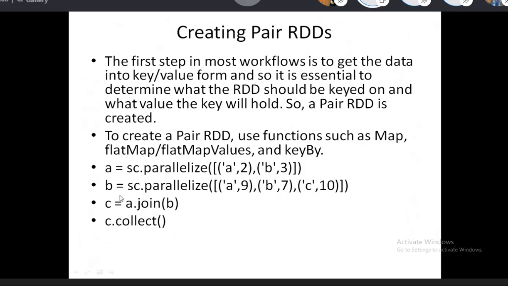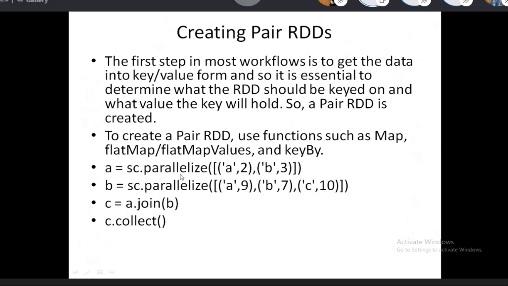See in this example: A comma 2, B comma 3, A comma 9, B comma 7, C comma 10. Here A is your key, B is your key. If you want to go with the combination, inside the list, you're creating tuples.